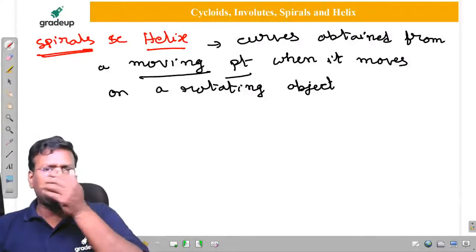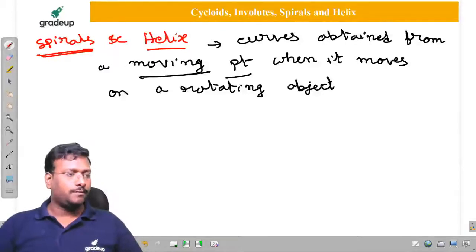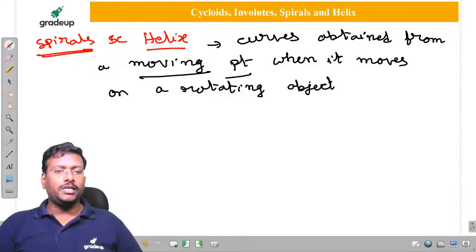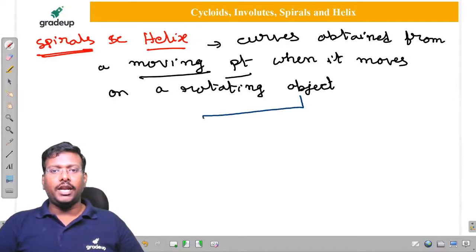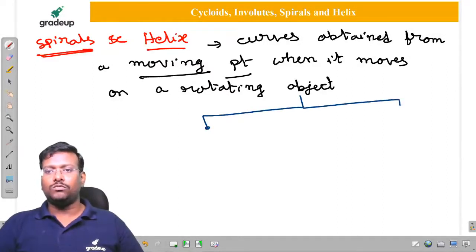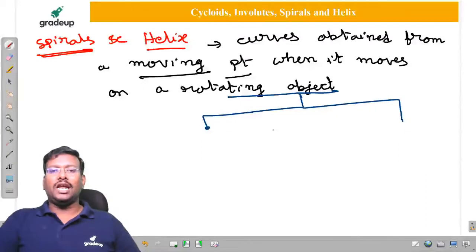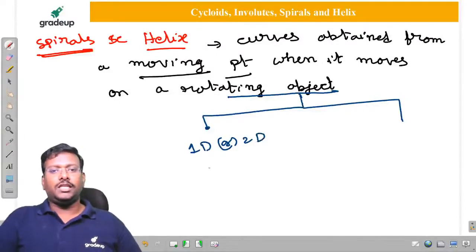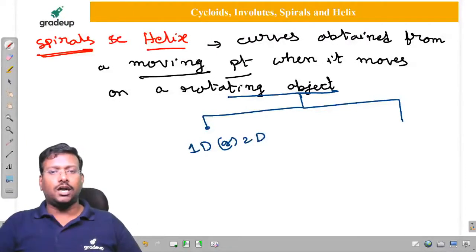What about the rotating object? Here we consider two kinds of rotating objects. If the rotating object is one dimensional or two dimensional, then it is called a spiral.